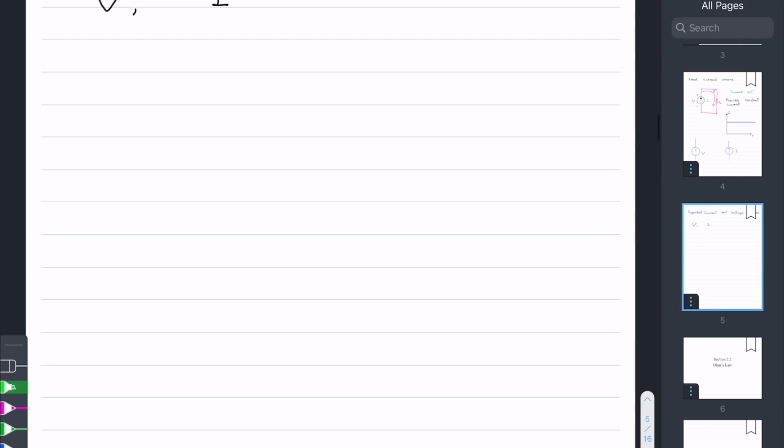Let me first give you an equation that shows the relationship between the different variables in a dependent source. I like to express the relationship as output is some gain times input.